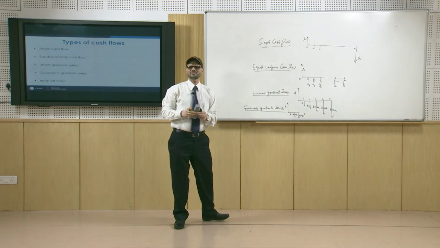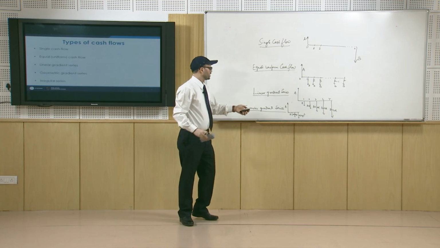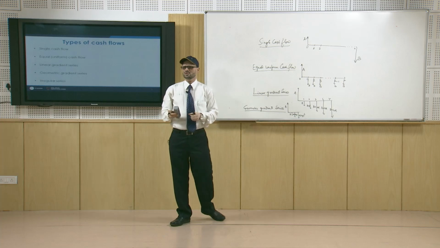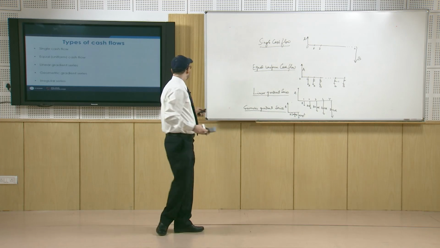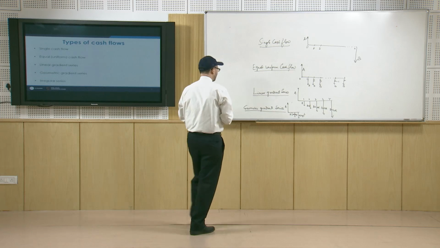If you have a gradient factor, it will go on increasing in a geometric series. So, this is an example of geometric gradient series, and the last is irregular series.